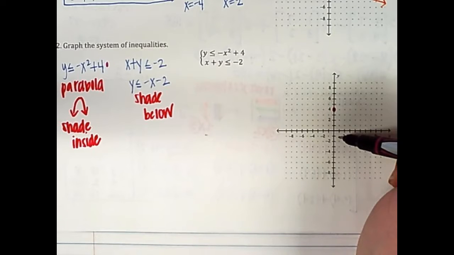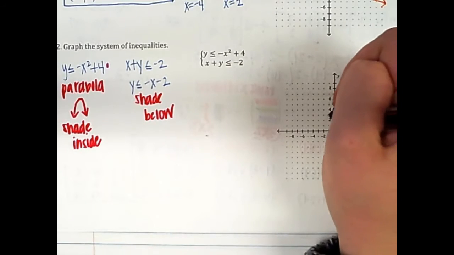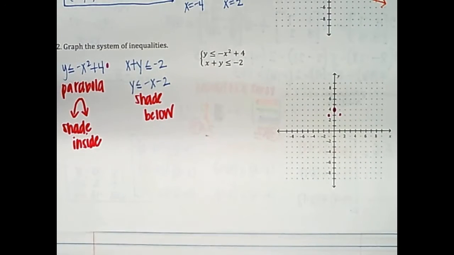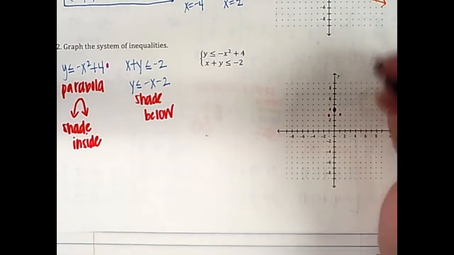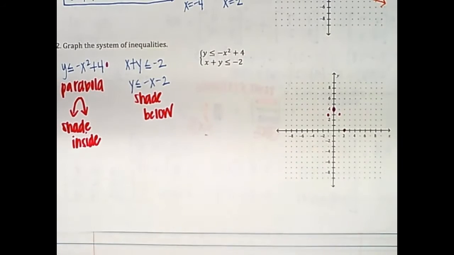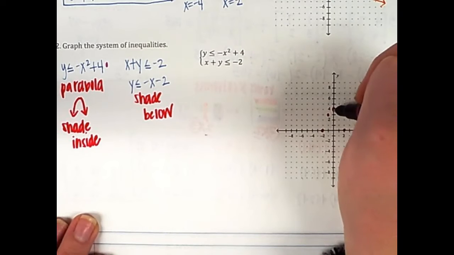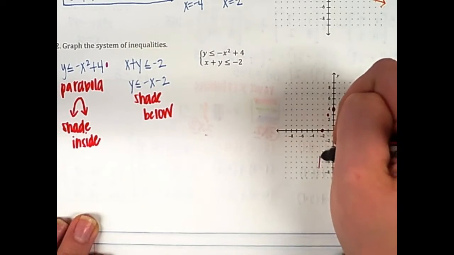I'd move that up 1, 2, 3, 4, and reflect it over. The next one would be at 2, negative 4, so I'd shift that up 4, which would get me at 2, 0, and then reflect it. So then I can graph my parabola.